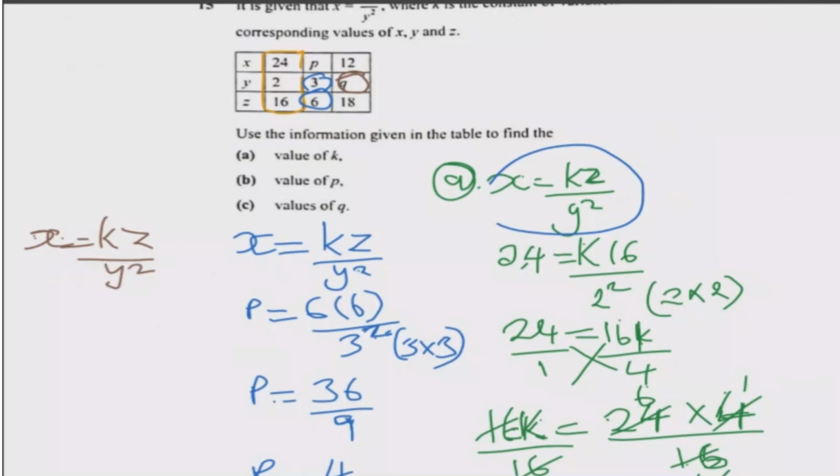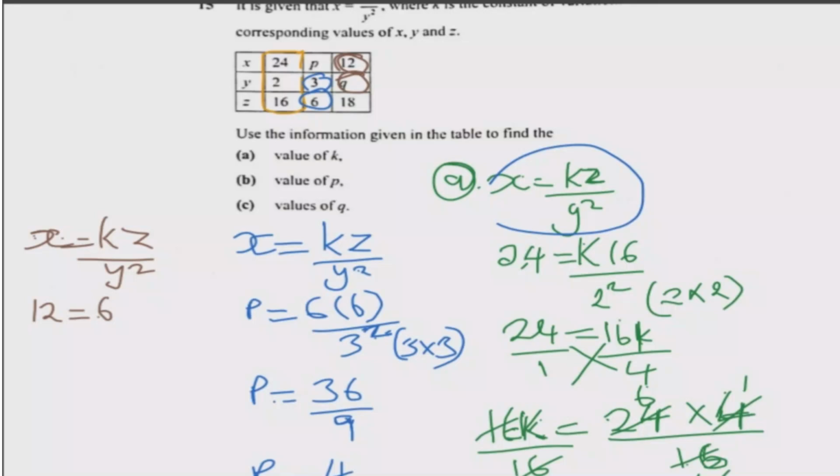The value of x is given as 12, as you can see here, and it is equal to k, the constant, which we found to be 6.